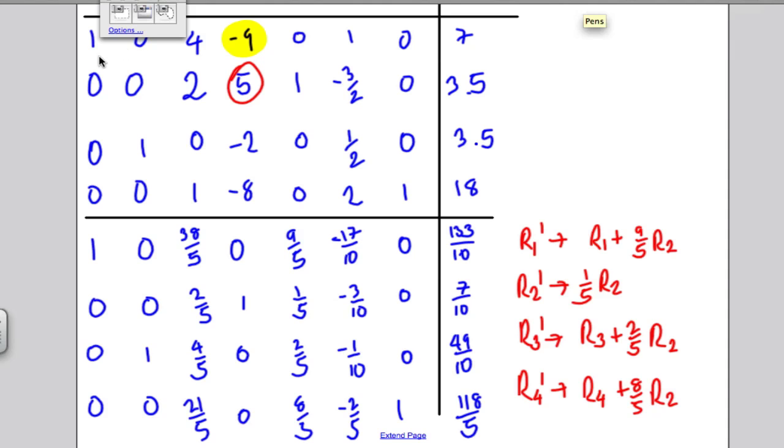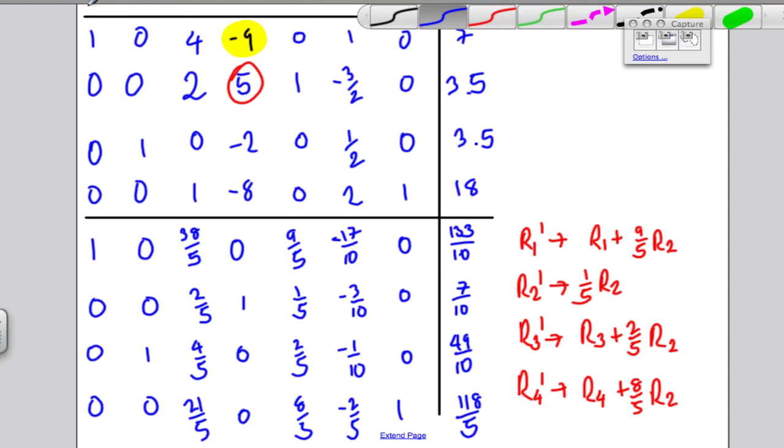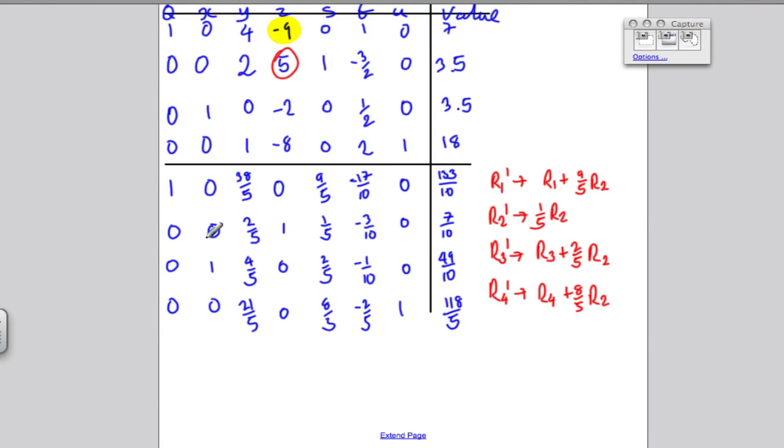So at this stage now, we have actually performed our 2 iterations of the simplex method. And remember our columns of the simplex, we called this Q, this was X, Y, Z, S, T, U, and the value. Okay, so we've done what they've asked us to do. Let's just read off what this is telling us. Well, it's telling us currently that Q, the thing we were trying to maximize, is equal to 133 over 10.